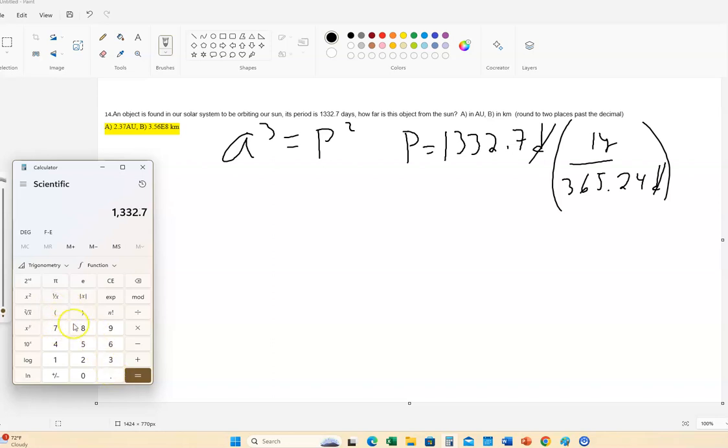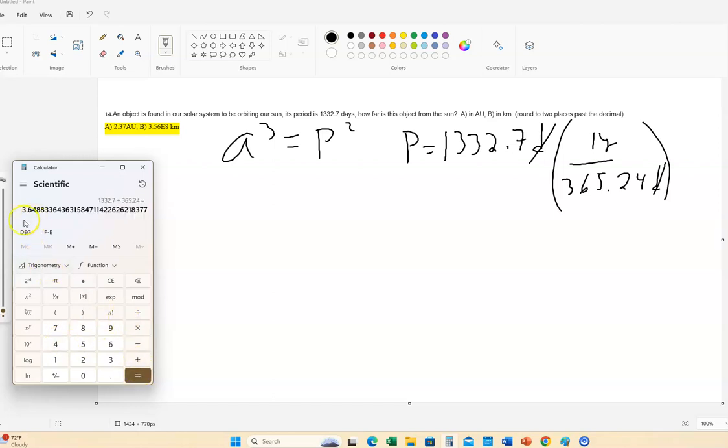What is it? 0.7 times... well, not times. I'm going to just say divided, because I should have hit divide, right? So divided by 365.24. All right, so this is going to be the number of years.